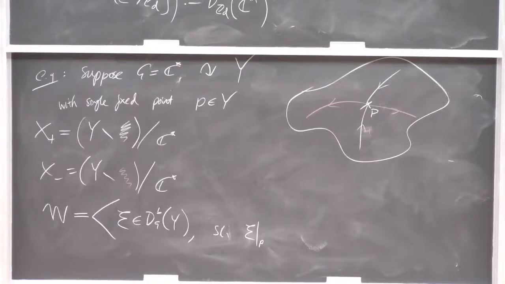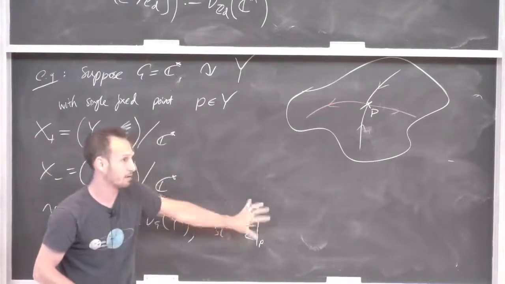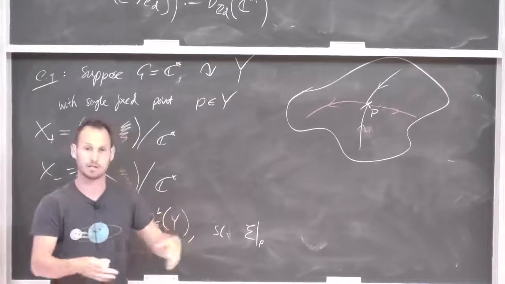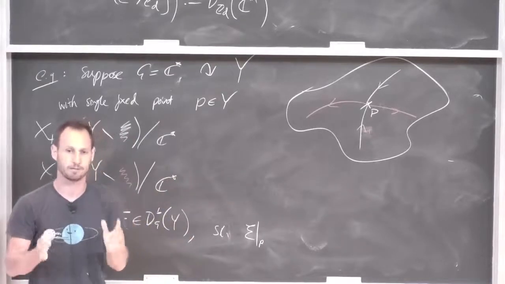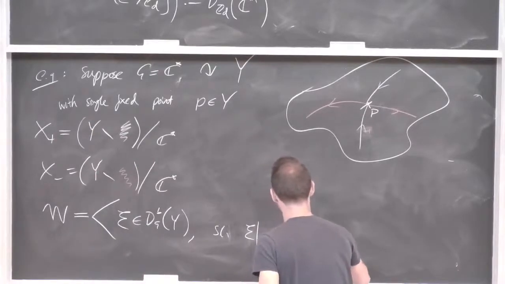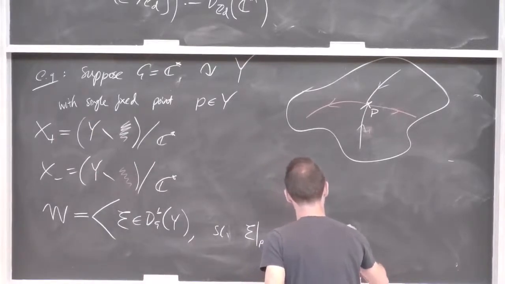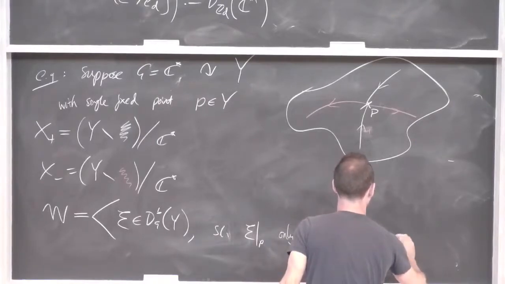So that's where you impose your grade restriction rule. You say, I want an object such that when I restrict it to P, the C star representations that occur are constrained to lie in a specific window. So this thing only has weights in some specific interval.